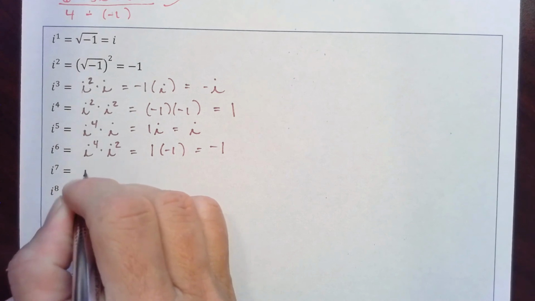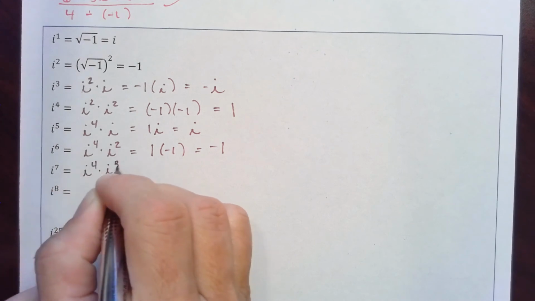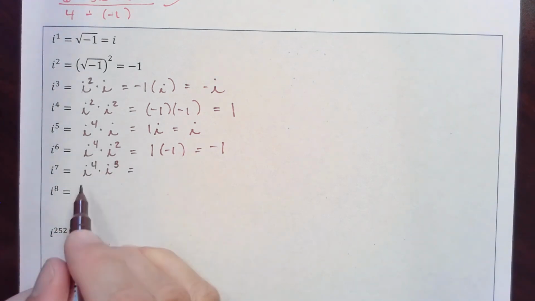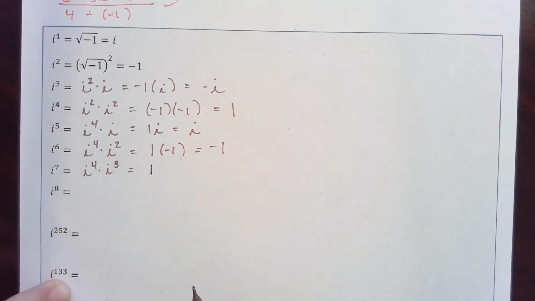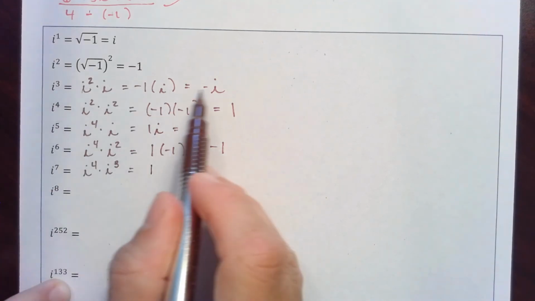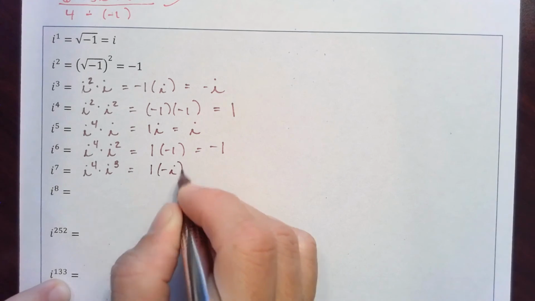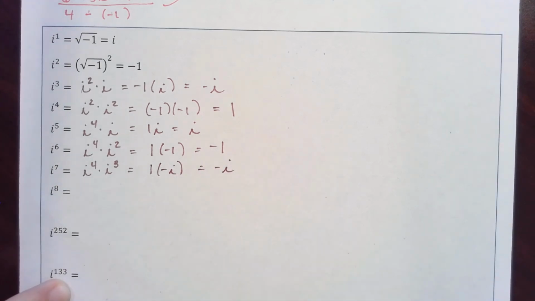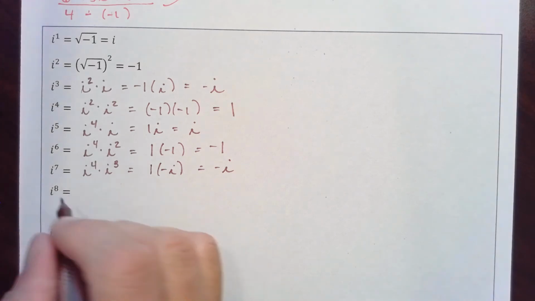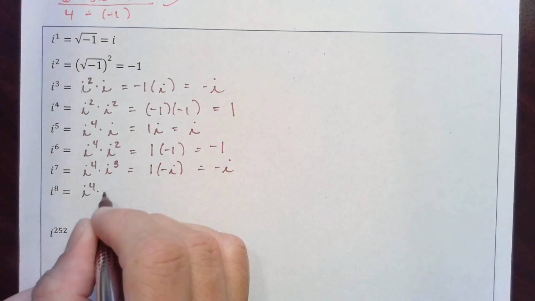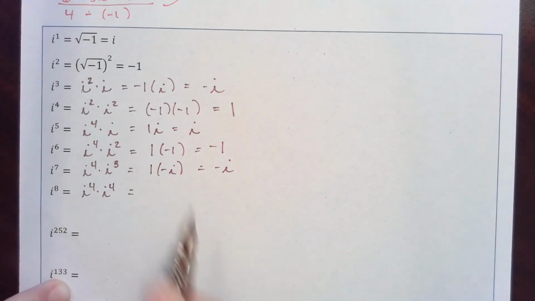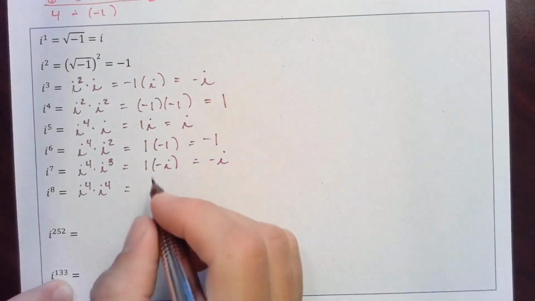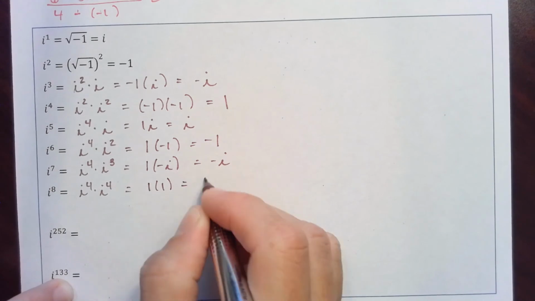Can we say that's i to the 4th times i cubed? Well, i to the 4th is 1. i cubed is negative i. 1 times negative i is negative i. Okay, finally i to the 8th. Let's say that's i to the 4th times i to the 4th. But i to the 4th is 1. So that's 1 times 1, which is 1.